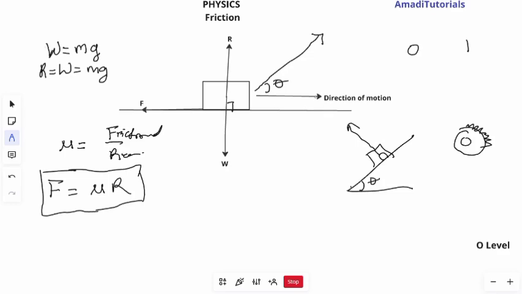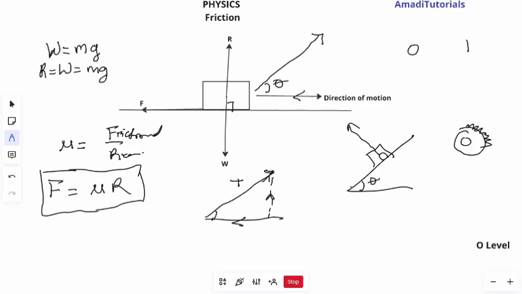Now remember, as this block is sliding towards the right, the frictional force will act in the opposite direction, like this, F. So here we can label it like this, so that if you bring out the triangle of forces there, you see that is the direction of the force or tension on the string, and then your friction will act in the opposite direction to that. Then you can cover this to be your normal reaction.